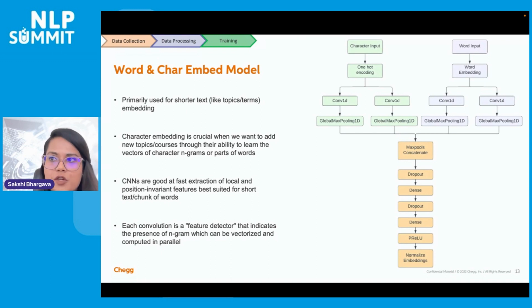So, CNN does a good job in such cases. In the prior versions of our network, we usually just relied on this network to encode both our labels as well as the content documents. But CNNs in general are good at fast extraction of local and position invariant features, which are best suited for short text. Short text like the course labels or the topic labels or the term labels.